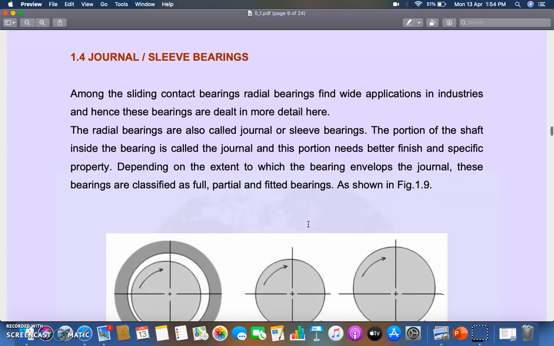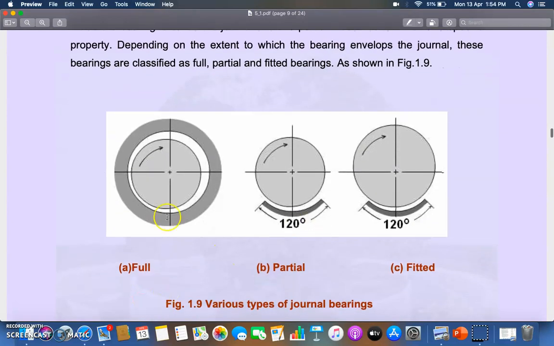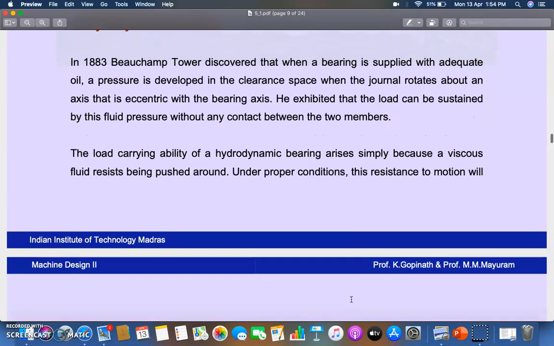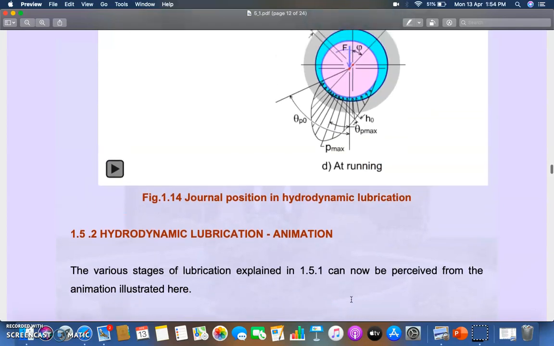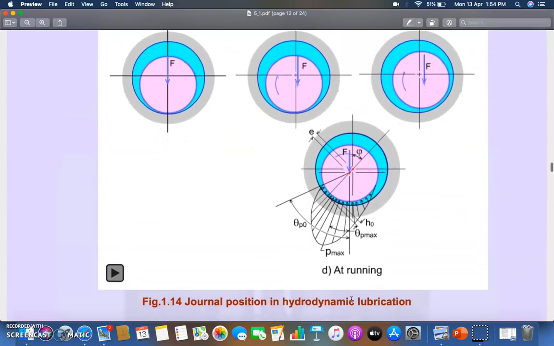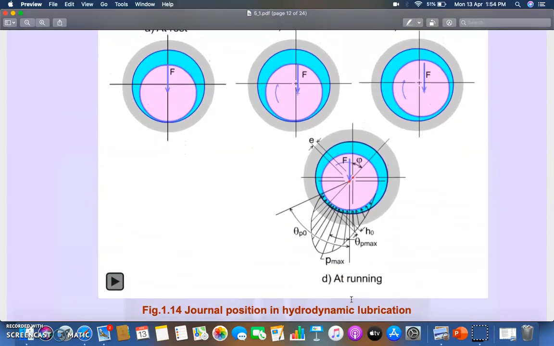Now moving towards the journal or sleeve bearings, I will discuss how they work. As you can see, this is the full journal bearing, this is partial, and this is fitted journal bearing. These are the various types of journal bearings, and let's see how this hydrodynamic lubrication will work. So this is the journal position in the hydrodynamic lubrication.